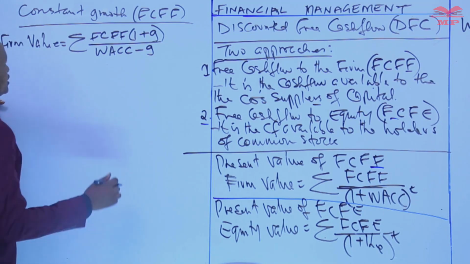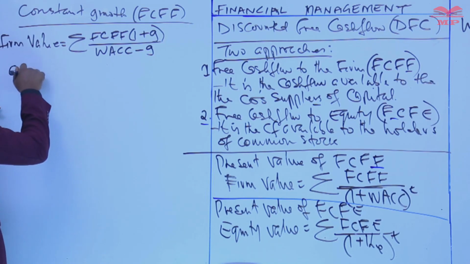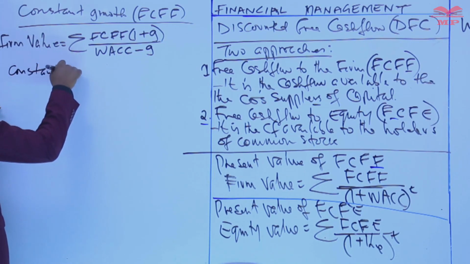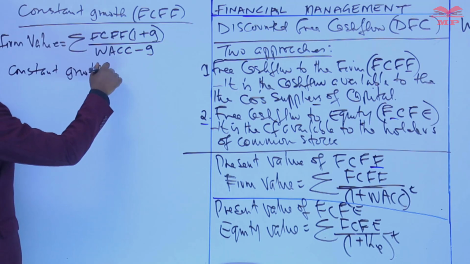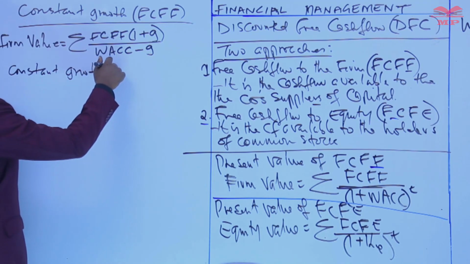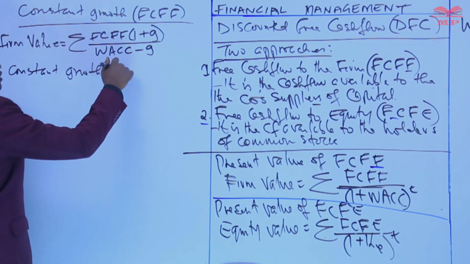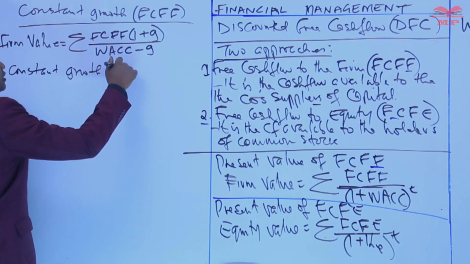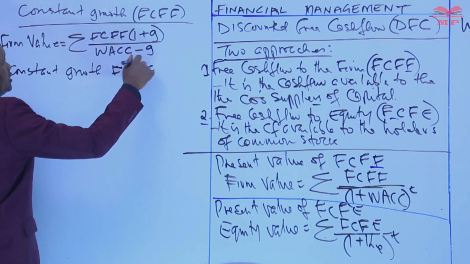Then at constant growth, what will be the constant growth in relation to the free cash flow to equity?